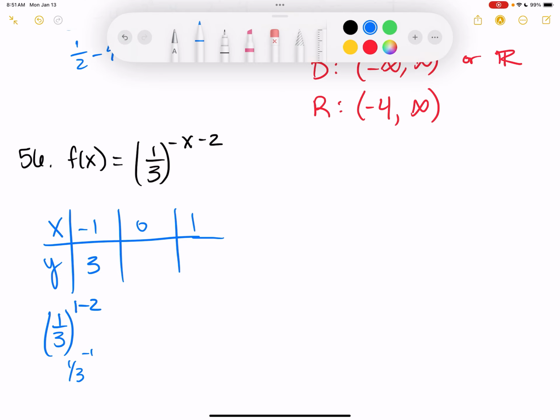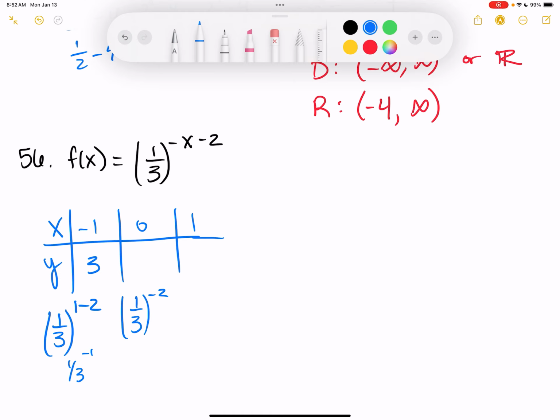Putting in 0 would give me 1/3 to the 0 minus 2, so that would just be to the -2, which would be what? What does the negative exponent do?